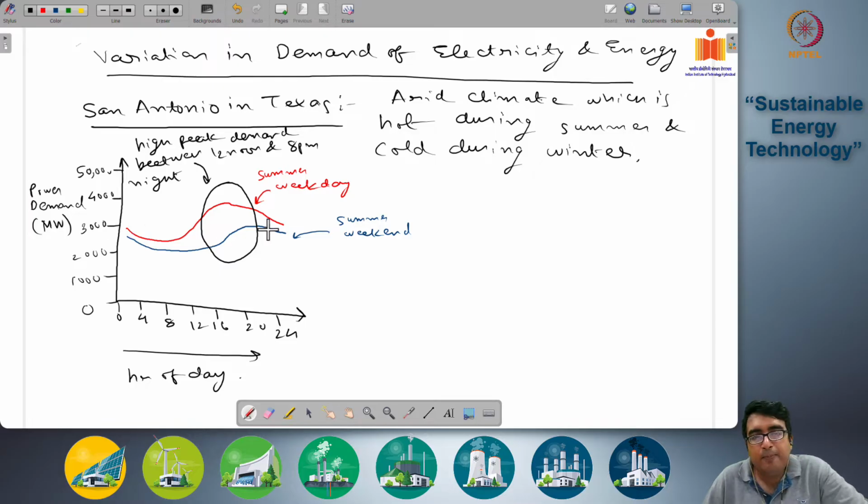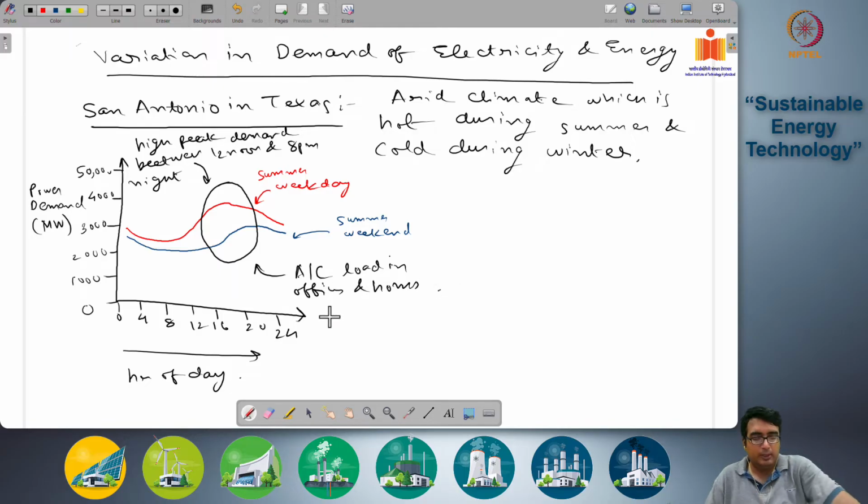And this peak demand is associated with high air conditioning load in offices and homes. Okay. So clearly during the summer months, especially in the summer afternoons and early evenings, there is a large air conditioning load that creates a peak demand.